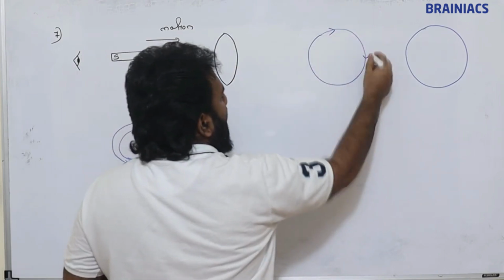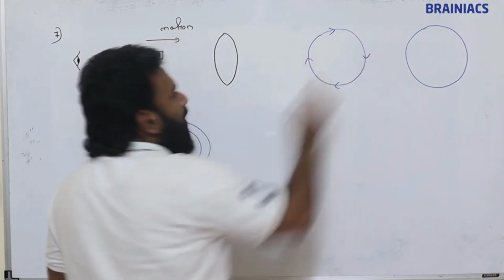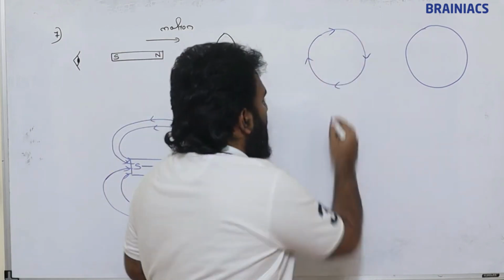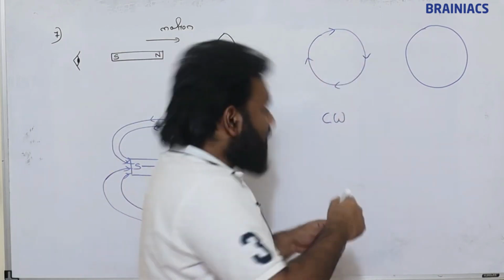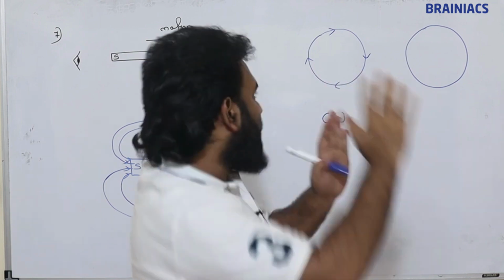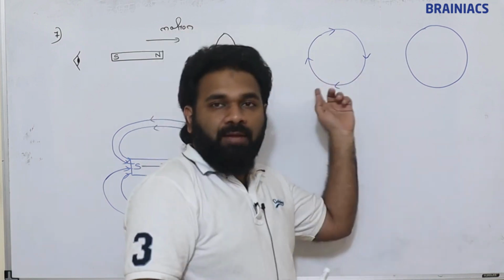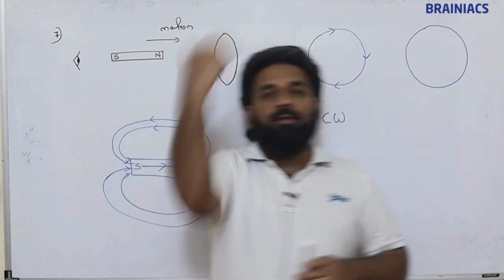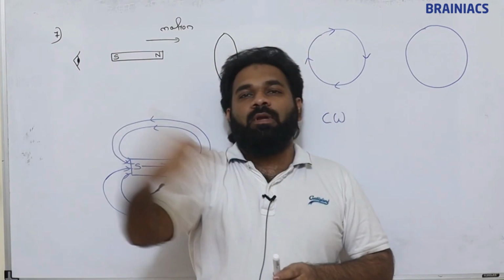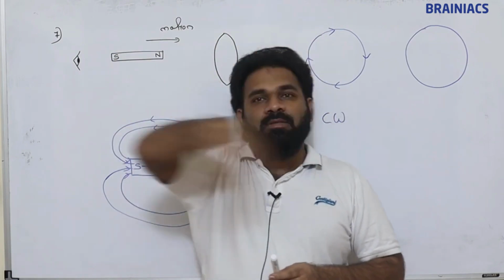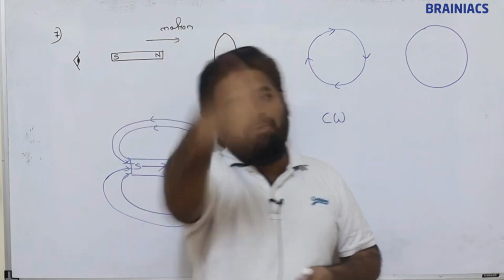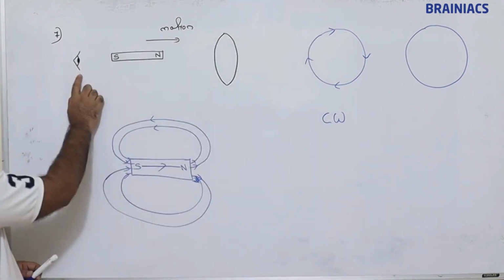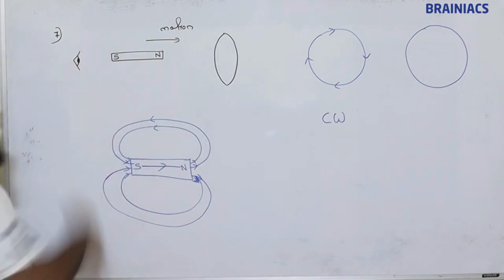Suppose the current is moving in clockwise direction when we look from here. If we are looking from the other side, it will be anti-clockwise. Current is moving like this; from this side this is anti-clockwise, for the other side this is going to be clockwise. That is why we have shown an eye here, looking from this side.